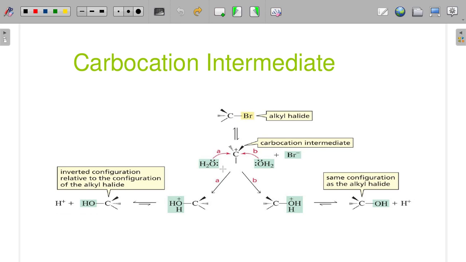Unfortunately, the second step is actually relatively fast. And the moment that this carbocation came into existence, this bromine's still right there. And what that actually means is that this OH, or the nucleophile, can't get there as easily as it could over here.